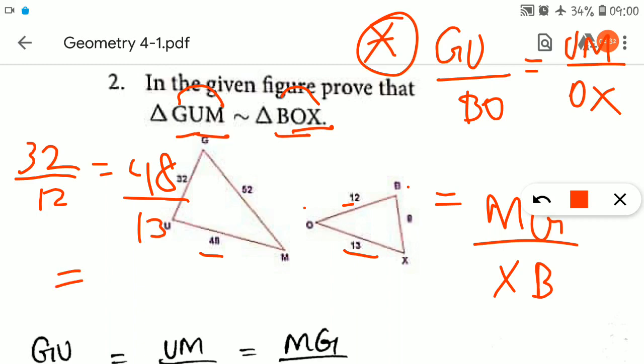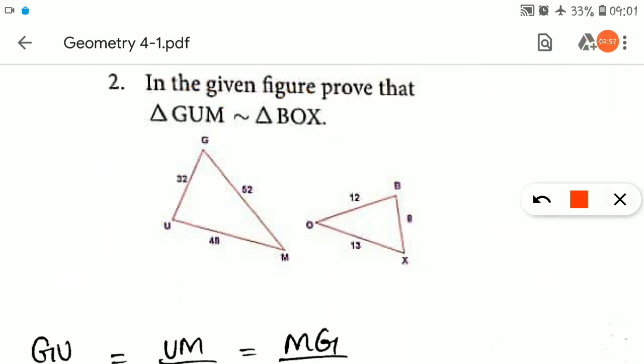And next MG by XB. The value of MG is 52, and 52 divided by XB. The value of XB is 8. You have to try to simplify. Only if all three answers are the same, we can say that the given triangles are similar to each other. Clear? Shall we continue with the sum?